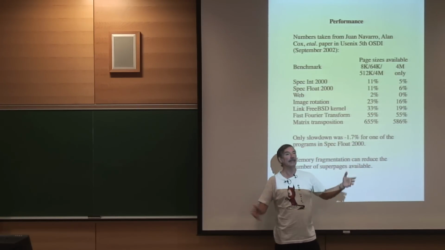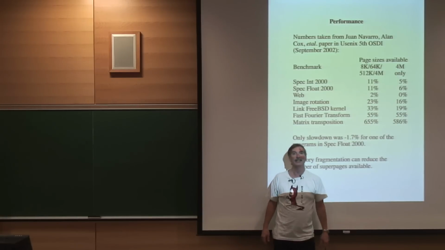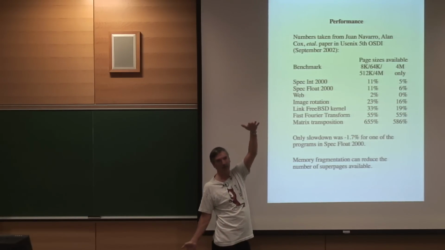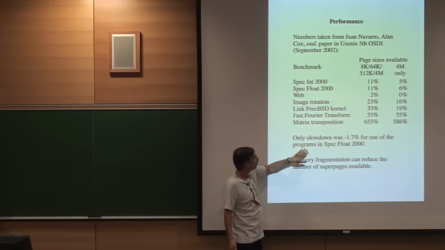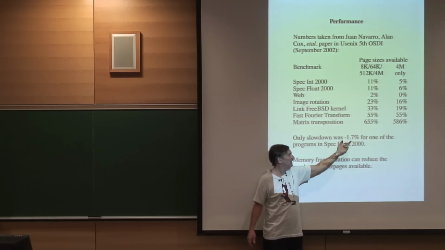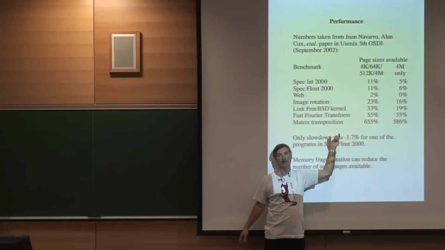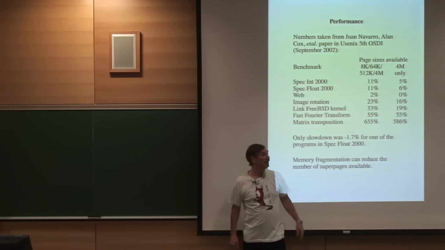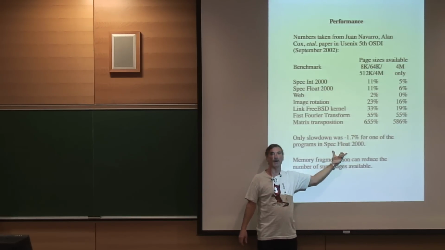So you say, okay, fine, you've put up all the ones that look good. How about the ones that don't look good? Well, in the entire list, and there's probably 25 different things, there was one thing, SpecFloat 2000, that actually dropped in speed by 1.7%. And it's the only one where it was negative, and I won't say by a negligible amount. I mean, if that happens to be what you do for a living, you probably would be upset.